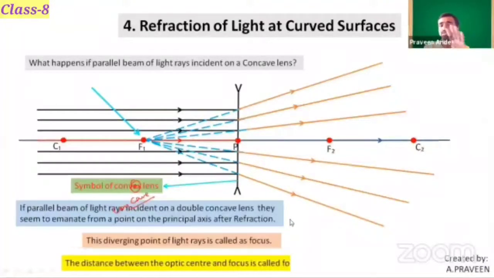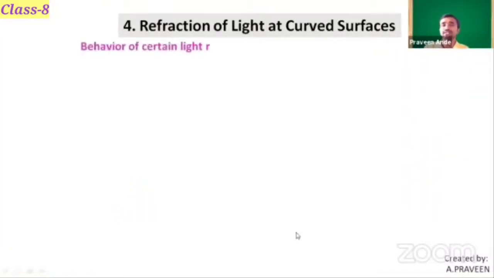Then keep these points in your mind. What is the behavior of light rays after refraction, how they appear, diverging or converging, what that point is called, and then the length between the optic center and the focus. Okay, so this is the information we have to know. Now our discussion is about this one. What is the behavior of certain light rays when they are incident on a lens, whatever the lens may be?